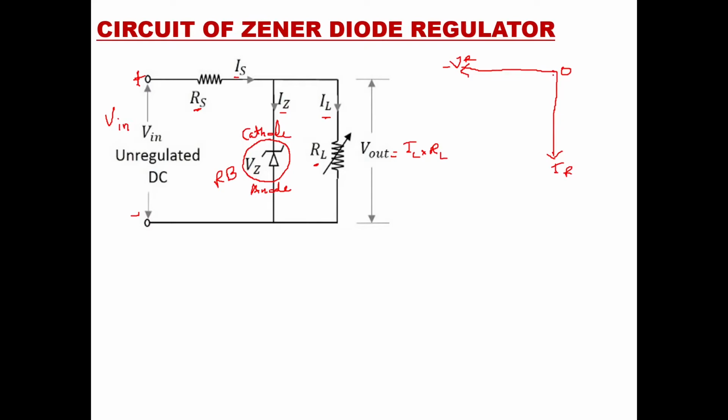Initially when you apply the voltage, it will give you a leakage current, and after some time when the applied voltage reaches a certain point, the voltage remains constant. That is called the Zener voltage, and the current will go on increasing, even if the input voltage goes on increasing. So this is your current IZ and this is your voltage VZ.